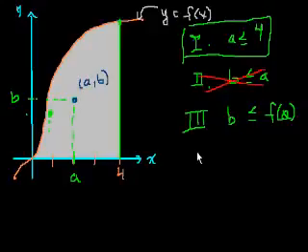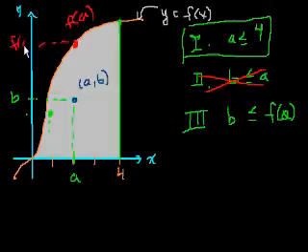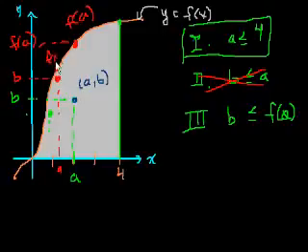And then let's see, is B less than or equal to f of A? So what is f of A? If this is point A, f of A is going to be right here. This is f of A. And no matter where you draw it, B is definitely going to be less than f of A. If you picked this as our point, and you said that this is B and that this is A, then this would be f of A in bloody red.